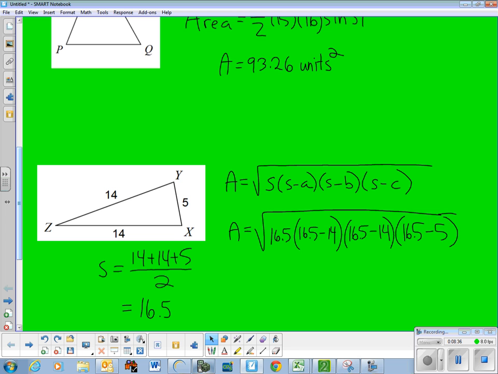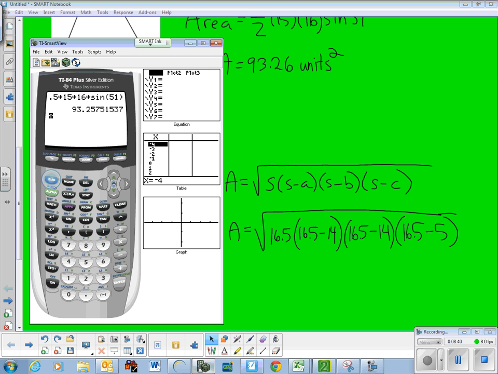You can simplify that before you type it in. You could type it in exactly like that. Let's make it a big square root of 16.5 times 16.5 minus 14, that's 2.5, times 2.5 times 16.5 minus 5 is 11.5, and that looks pretty good.